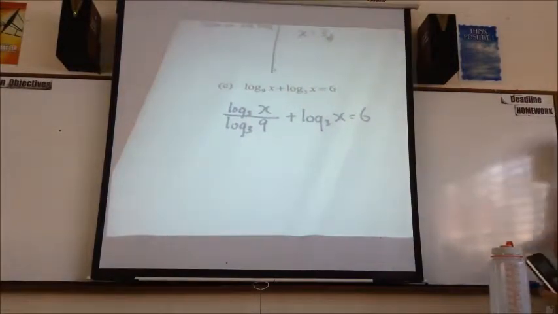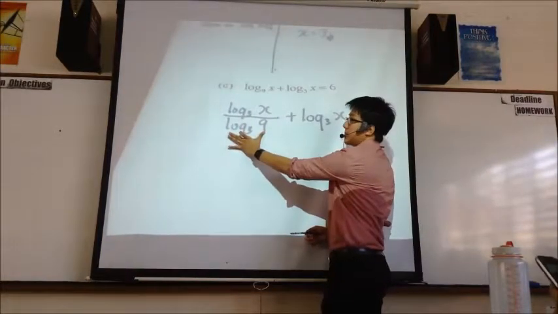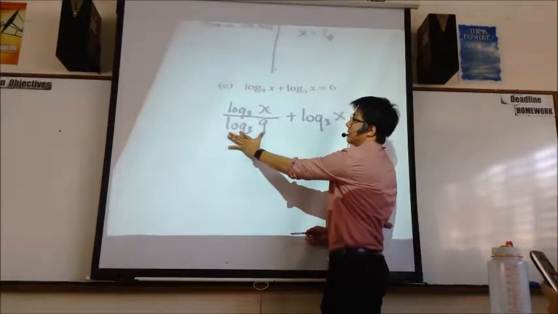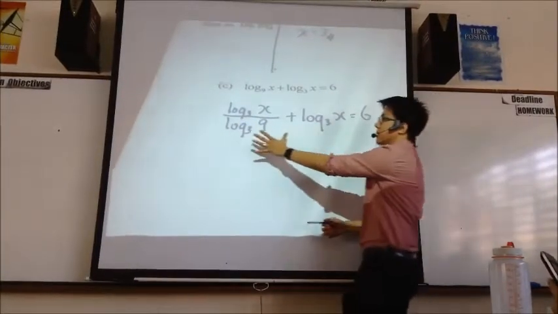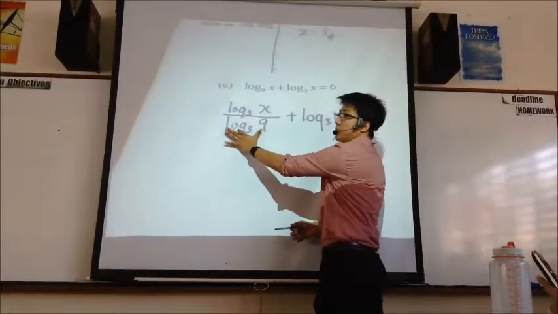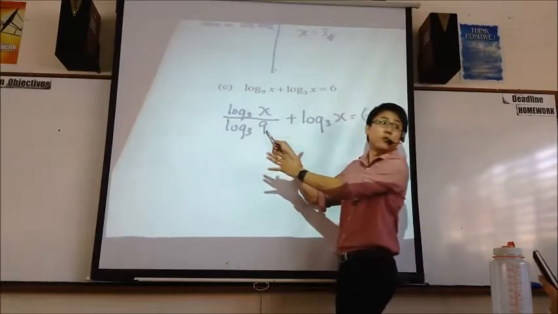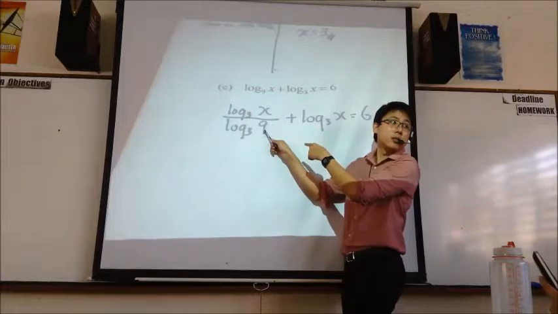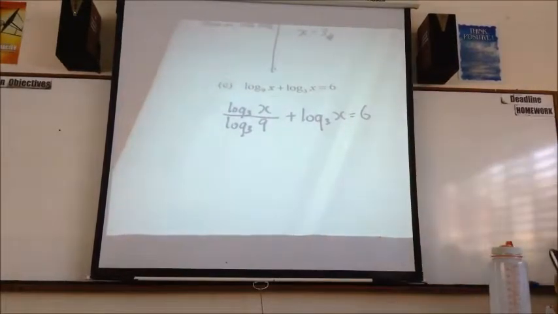I got a problem here because this thing is super unfriendly. I'm trying to simplify this. Bring over? I don't want that. Maybe I want to do something here first. Maybe I can remove the log. 9 is what? 3 squared. Oh, so this is 3 squared.